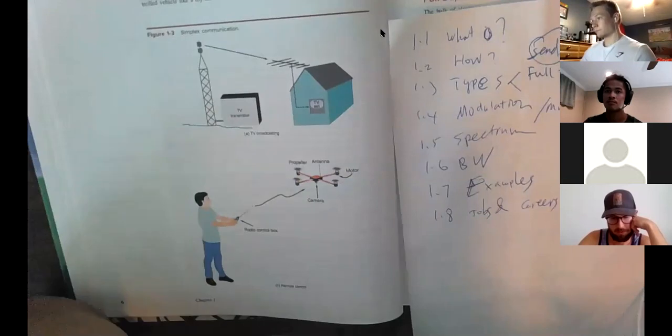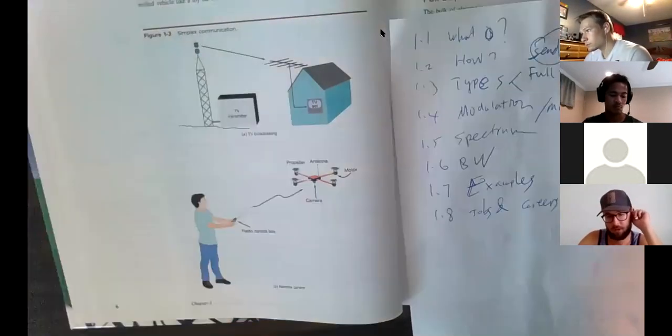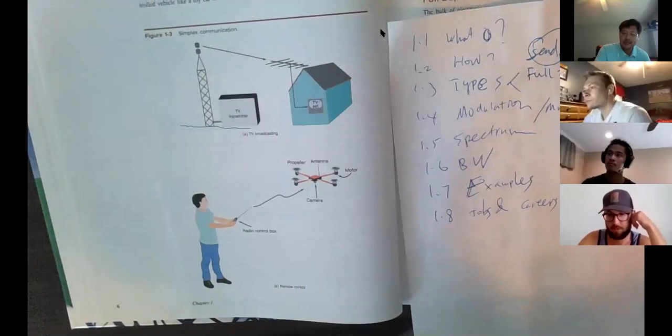Today's TV is still one way as far as the television station is concerned, but because your television is a computer with a microphone, some TVs even have cameras.